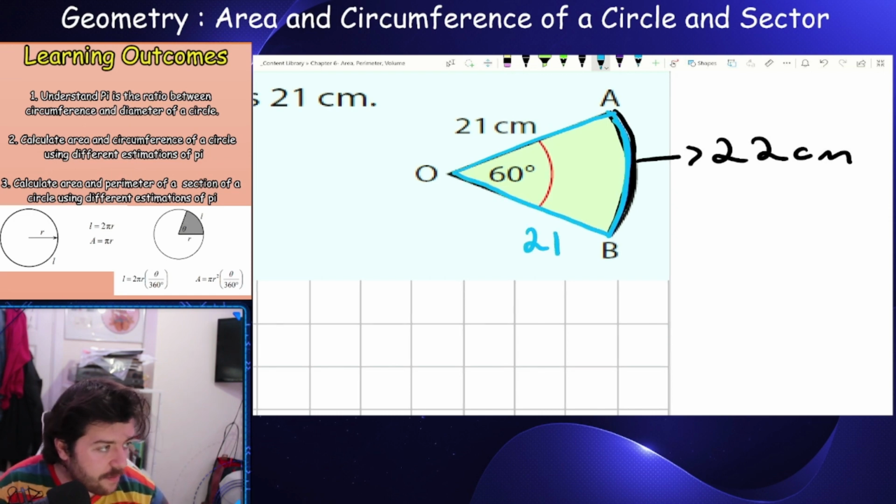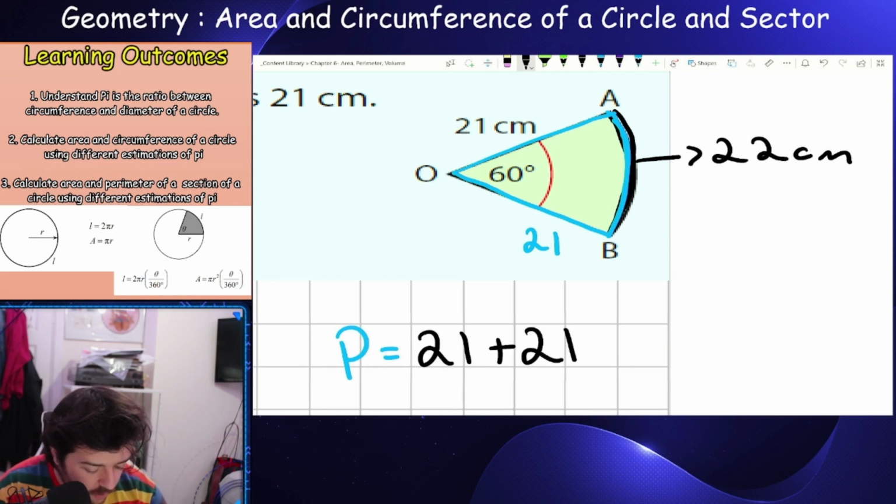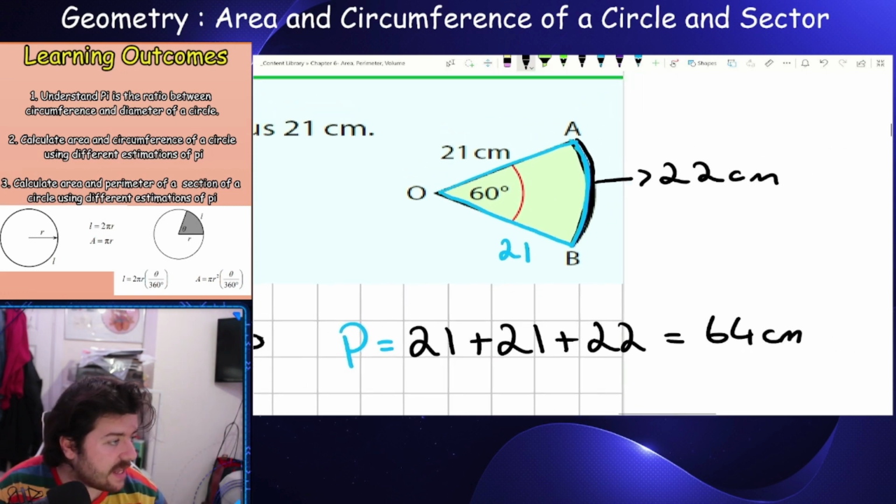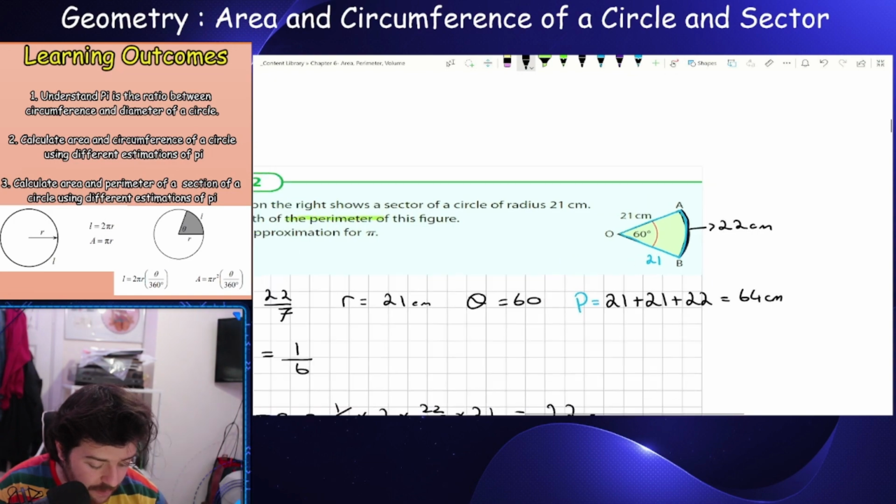So I have to remember both those parts. Therefore my perimeter is equal to 21 plus 21 plus 22, which is equal to 64 centimeters. And that is the perimeter of that shape.